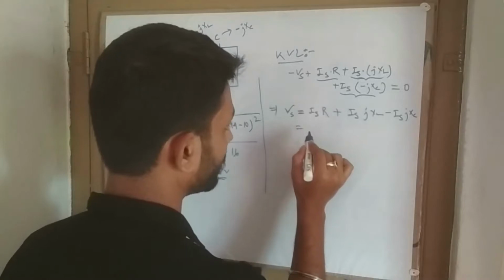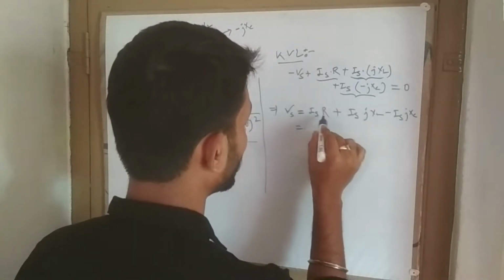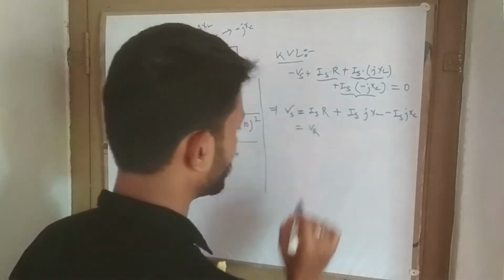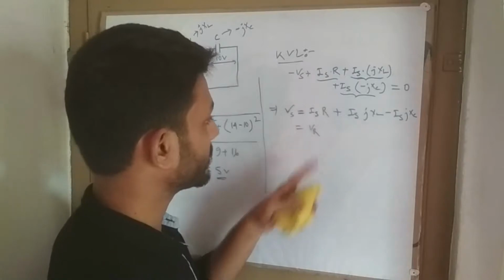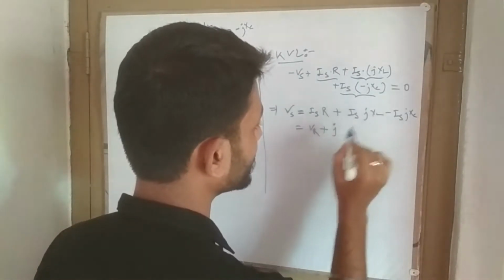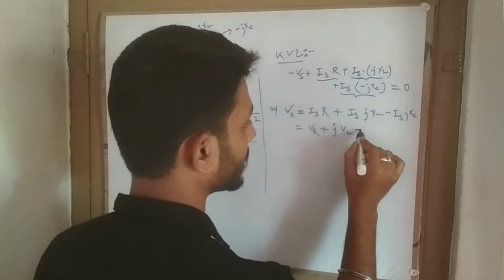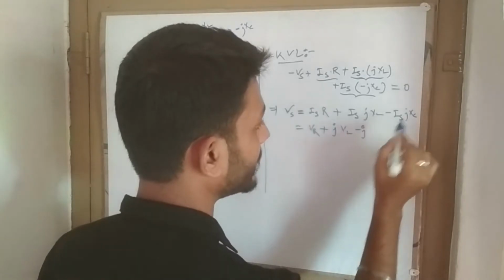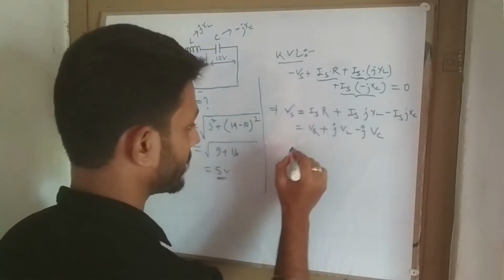So it will further be Is R is VR, that is the voltage drop across the resistance, plus J Is XL, it will become VL, minus J Is XC, it will become Vc.